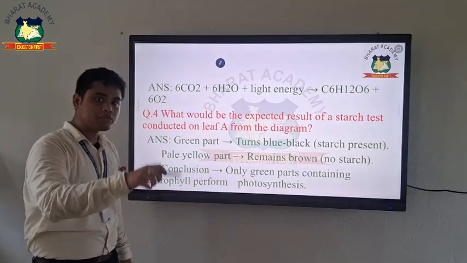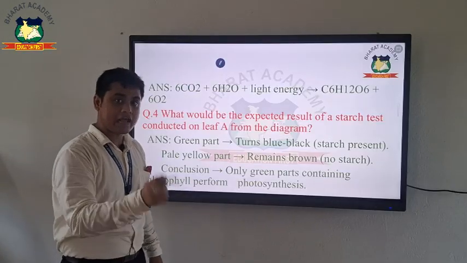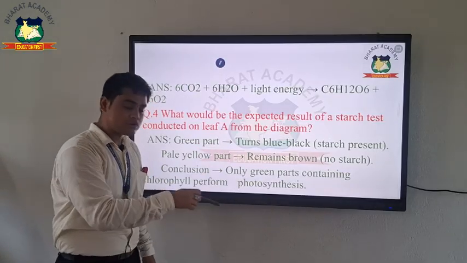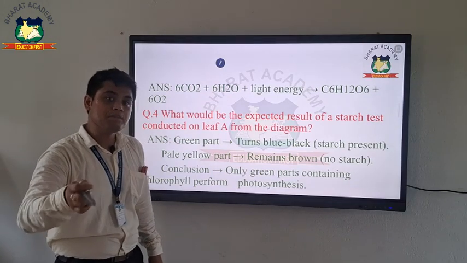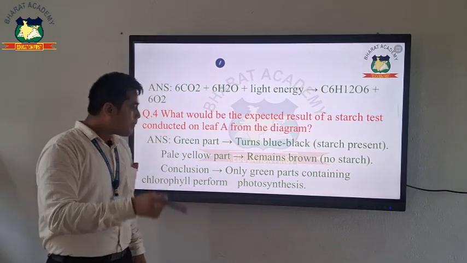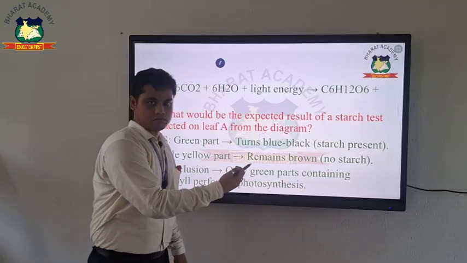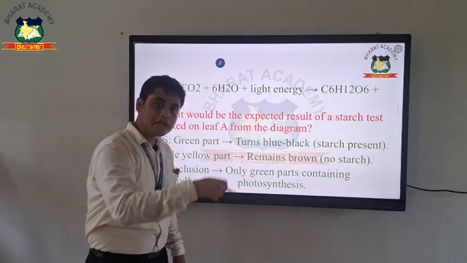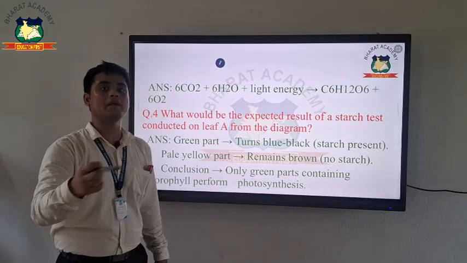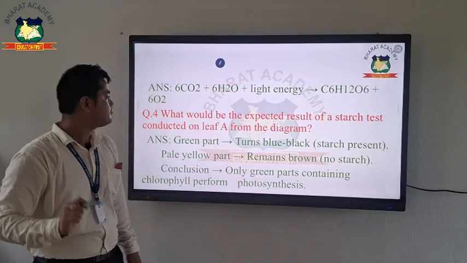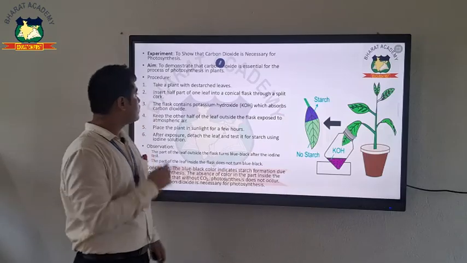And the portion of the leaf which is not green, that lacks chlorophyll, does not turn blue or bluish black. It turns brown in color. So by observing the color in the starch test, we can identify which portion of the plant has chlorophyll and which does not. Okay, so this is question number 1.